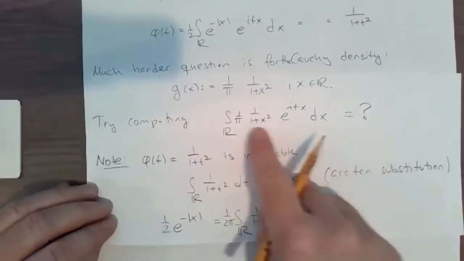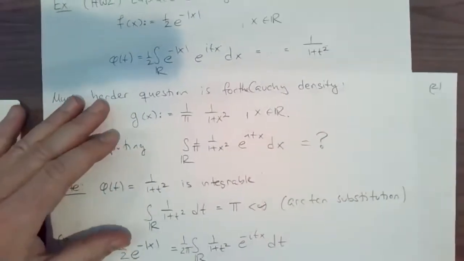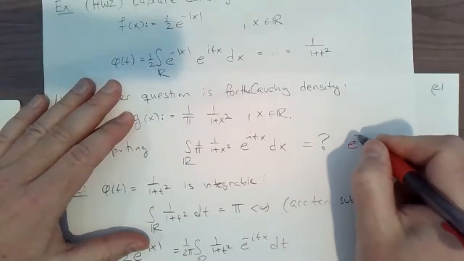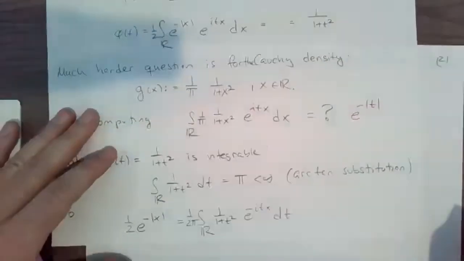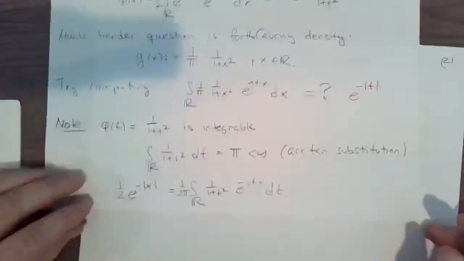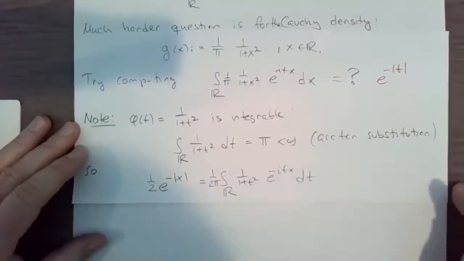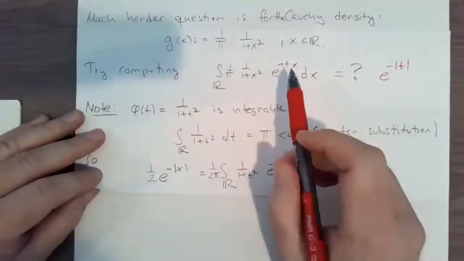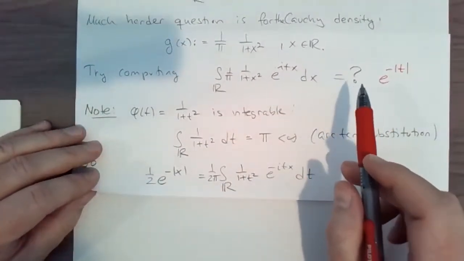So try to compute this on your own and prove that this really is e to the minus absolute value of t. I'm claiming that is not very easy. Indeed, the proofs I've seen of doing this directly are not easy.